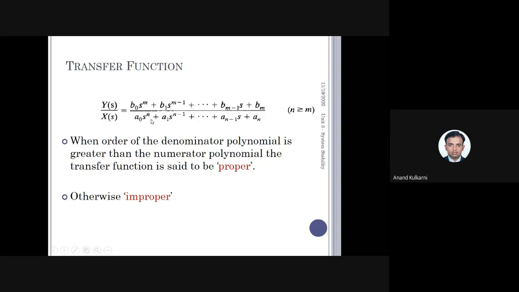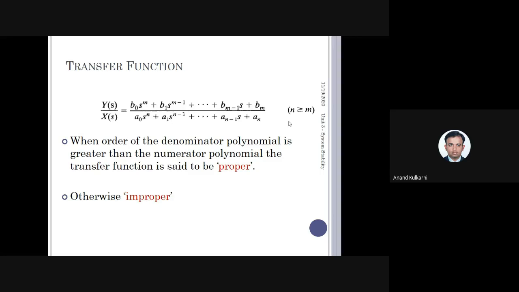Here the same equation is written once again. The denominator polynomial is of greater order than the numerator polynomial. This is the first condition. So when you expand this transfer function, it will be in this form. It should not be bracketed. I multiply all the brackets in the numerator and multiply all the brackets in the denominator.